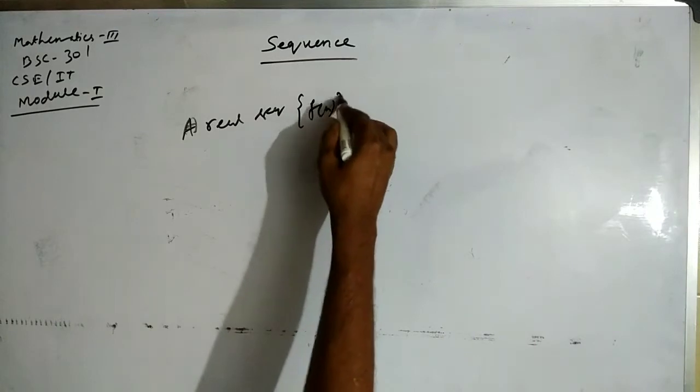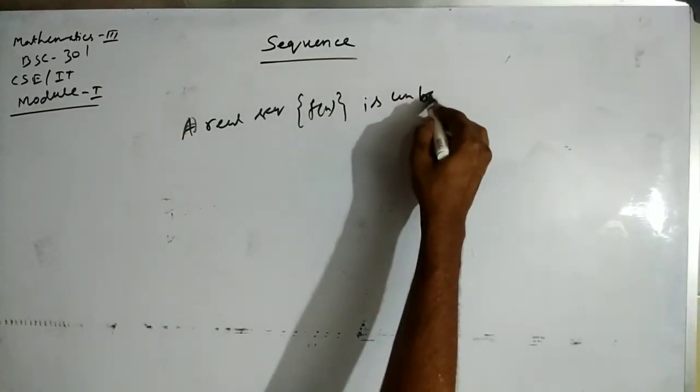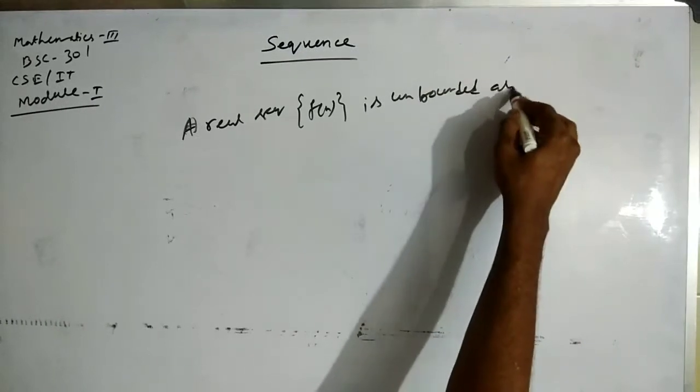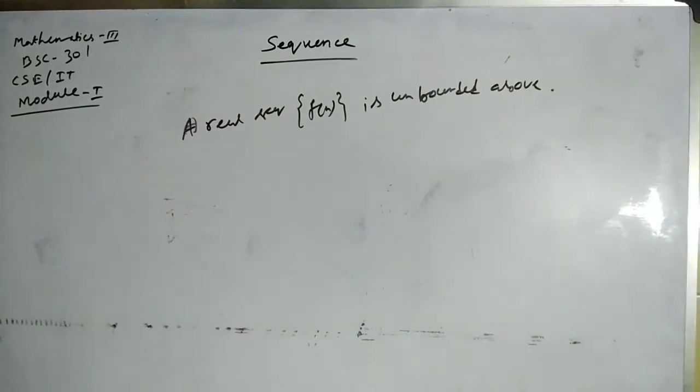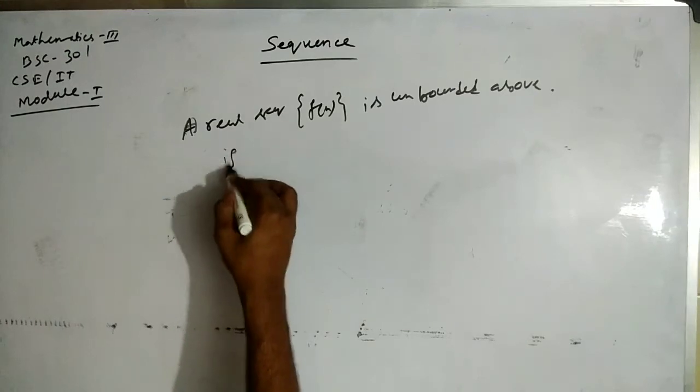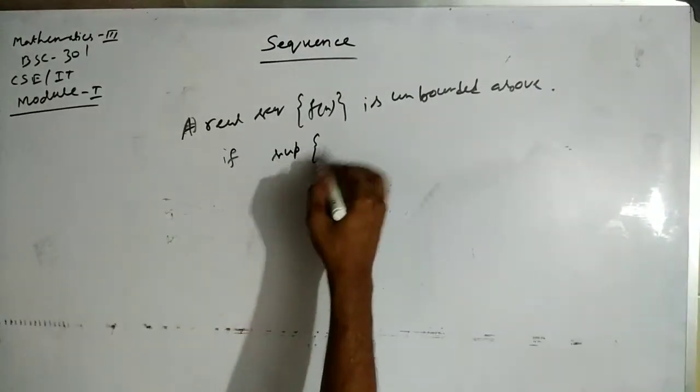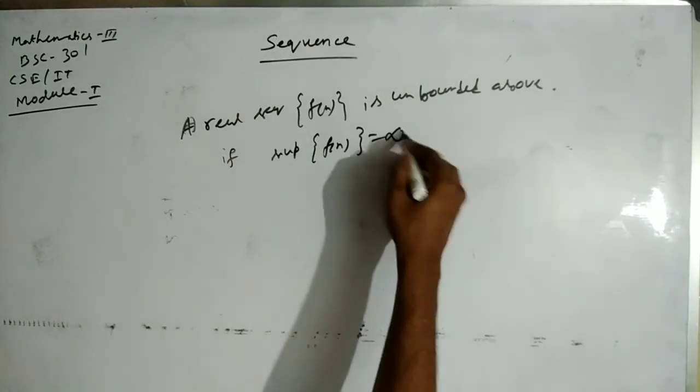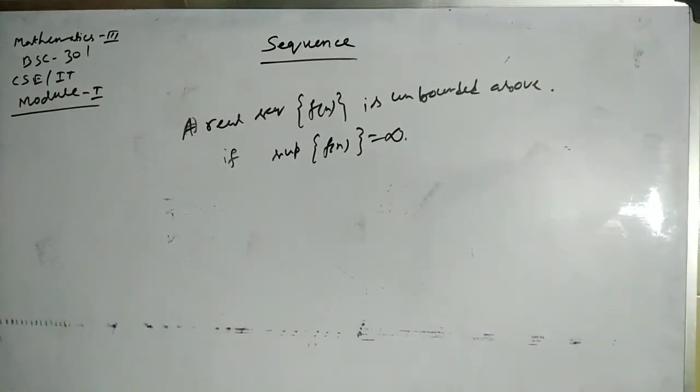I have told you the definition of bounded above and bounded below, and now I am telling you the definition of unbounded above. A real sequence Fn is unbounded above if supremum of Fn is infinite. That is, if the least upper bound, the supremum, is infinite, then the sequence will be called unbounded above.